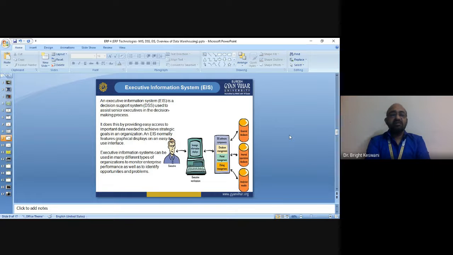It does this by providing easy access to important data needed to achieve strategic goals in an organization. And EIS normally features graphical display on an easy to use interface. Executive information systems can be used in many different types of organizations to monitor enterprise performance as well as to identify opportunities and problems.